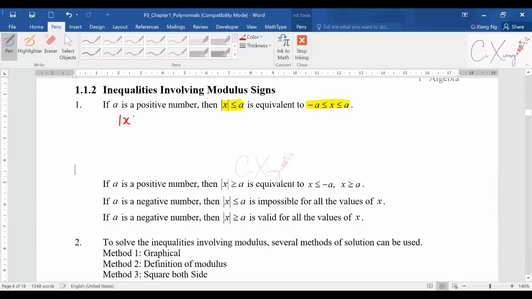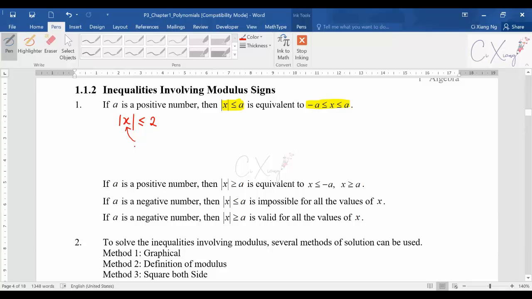Let's say modulus x is smaller than or equal to 2, so a is 2. We can try and check what values of x, when you put in the value and take the modulus, are still smaller than or equal to 2.